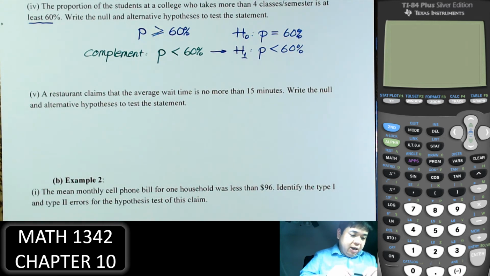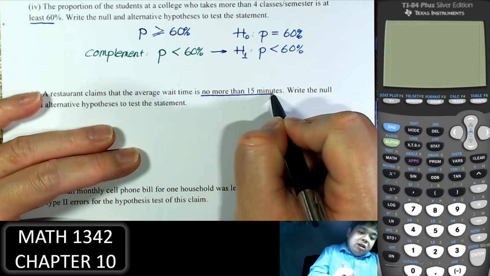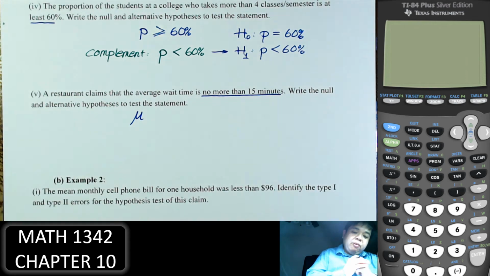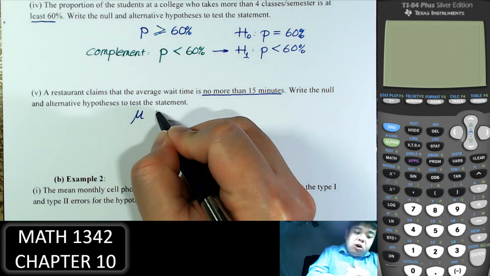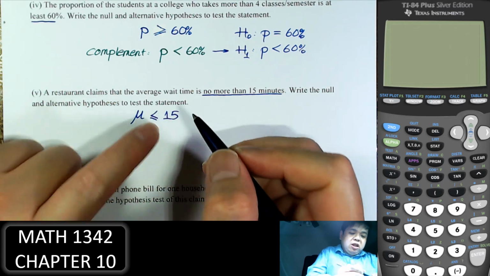Right, next. A restaurant claims that the average wait time is no more than 15 minutes. So no more than 15 minutes. The mean wait time, no more, meaning that it has to be 15 minutes or less. Of course, this has the equal sign like that.